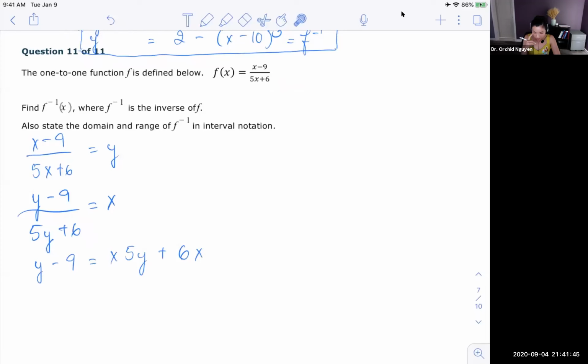Okay. All right, you see that we have y here and we have y here. So we're going to have to move y to one side. So y minus, I'm going to put 5xy instead. I have 6x over here, and then I take the plus 9, I add it over here. So I'm going to have plus 9 here.